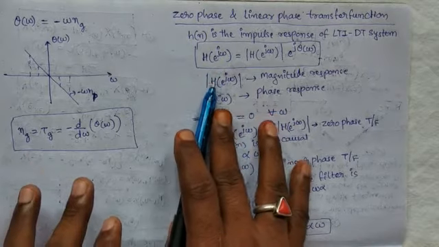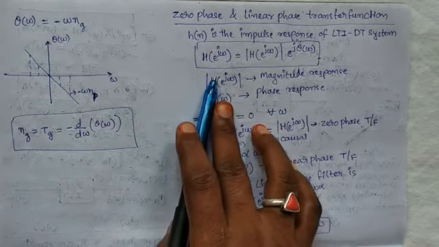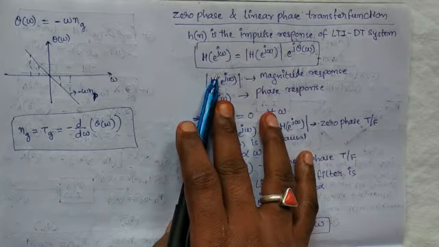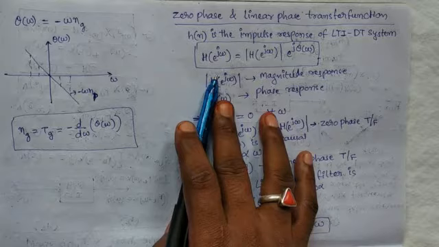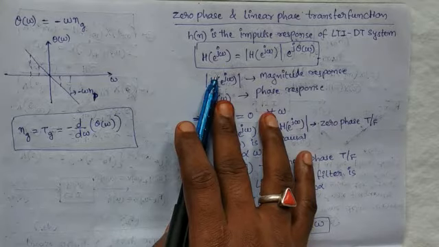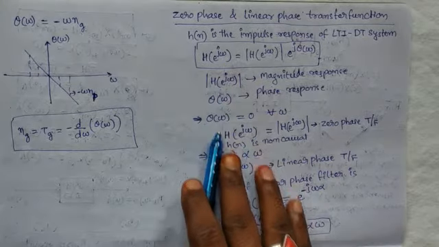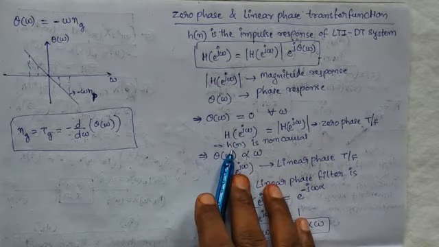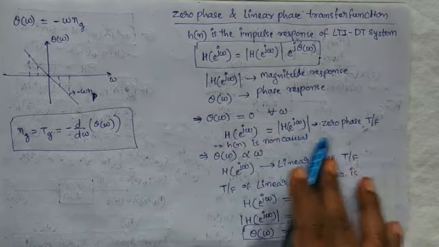The impulse response of the filter or system with zero phase is non-causal. With zero phase, h of n is non-causal.